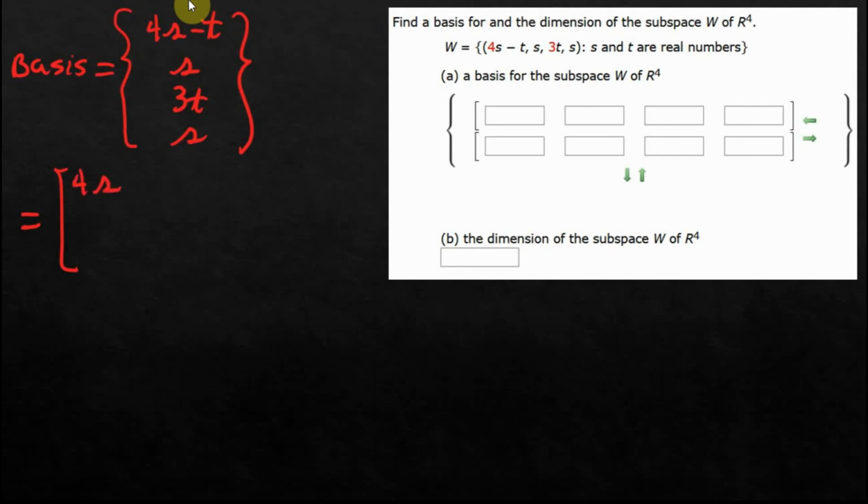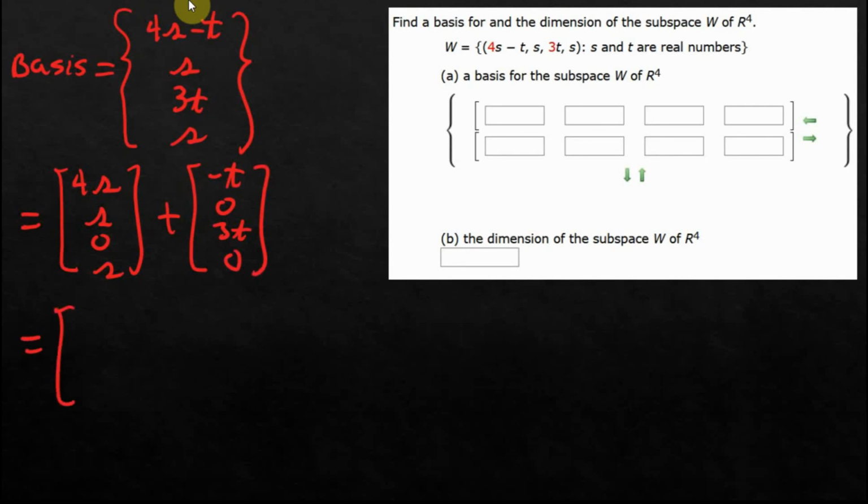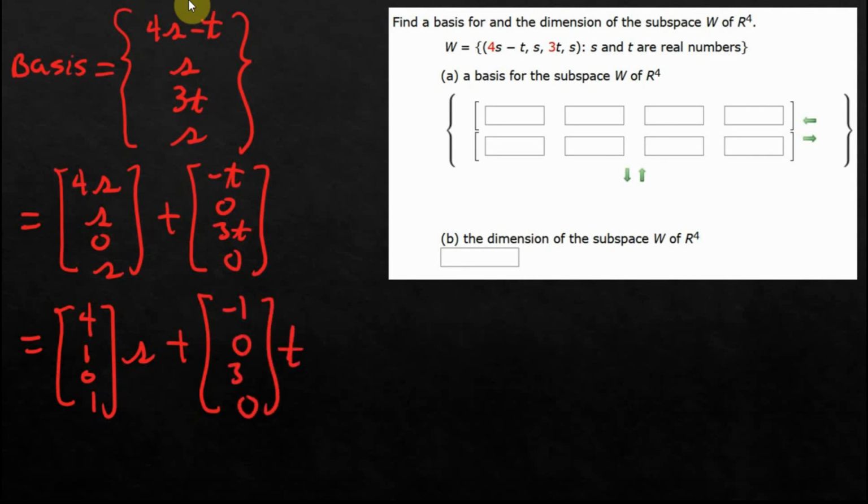So what that looks like is, let's write everything with the s in it: 4s, s, 0, and s, plus, now everything with the t: negative t, 0, 3t, and 0. Now we write that out. This is 4, 1, 0, and 1 times s plus negative 1, 0, 3, and 0 times t.